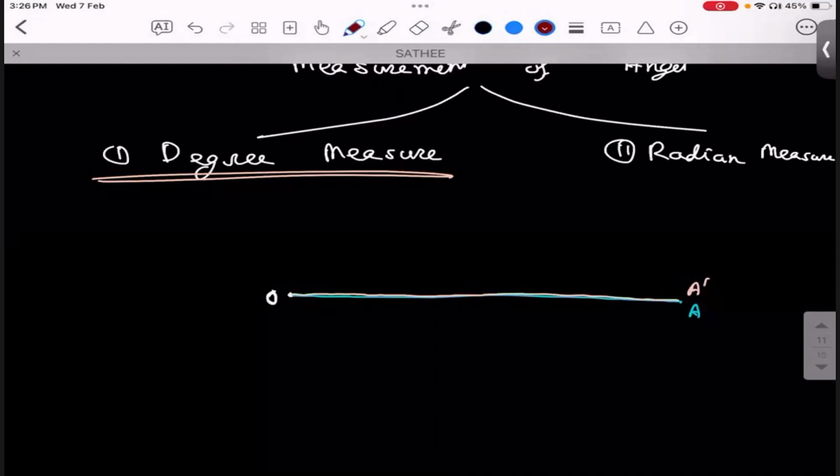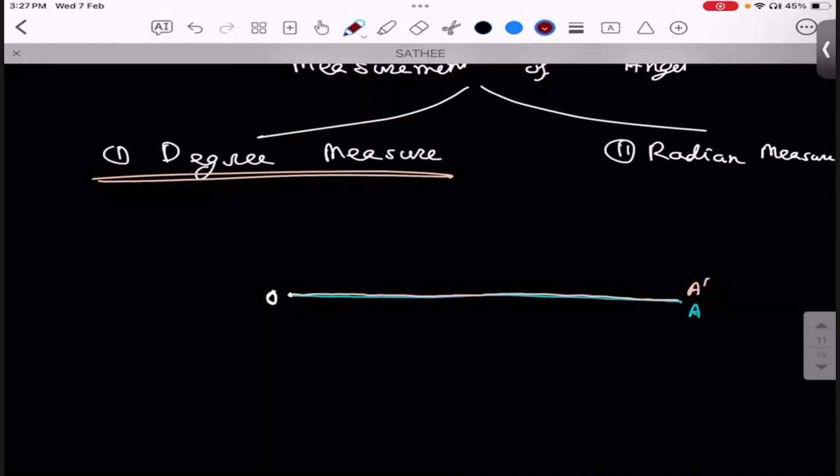Now I am assuming that we have completed a complete rotation here. Now I am dividing this complete rotation into 360 equal segments.